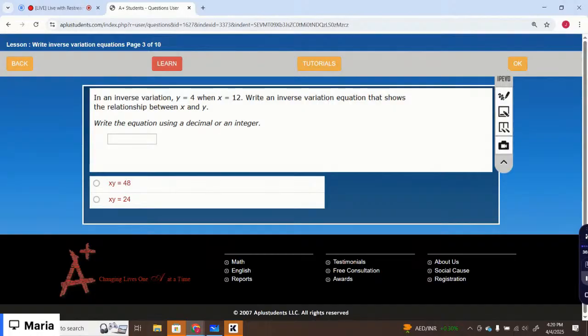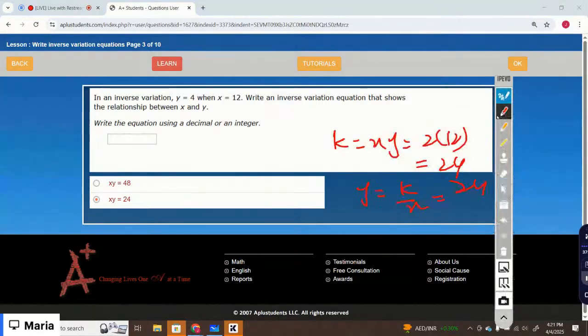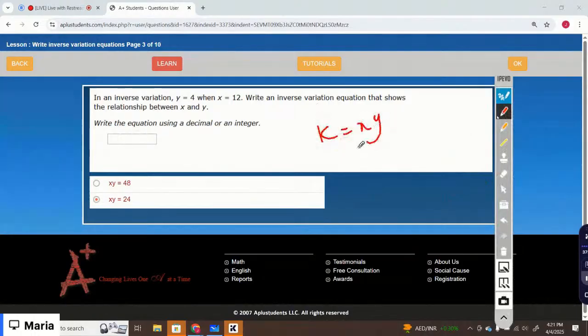No, sorry. That's the next question. I thought there was one I'm on right now. In an inverse variation, y equals 4 when x equals 12. Write an inverse variation equation that shows the relationship between x and y. So when we are working on the inverse variation equations, k equals x times y.